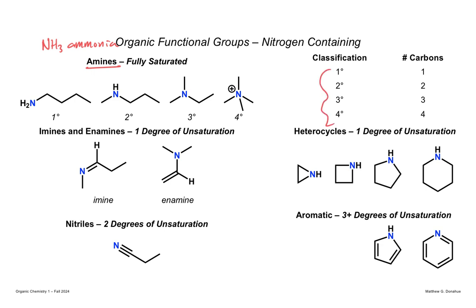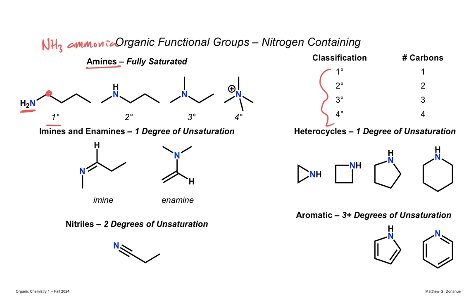So the classes of amines: you focus on the nitrogen and look at the attached number of carbons. So here we have a primary amine. That has an NH2 group, and then it's bonded to one carbon.